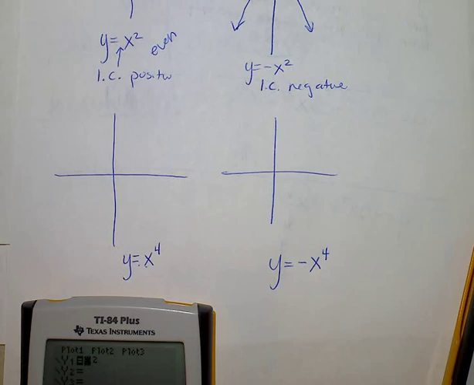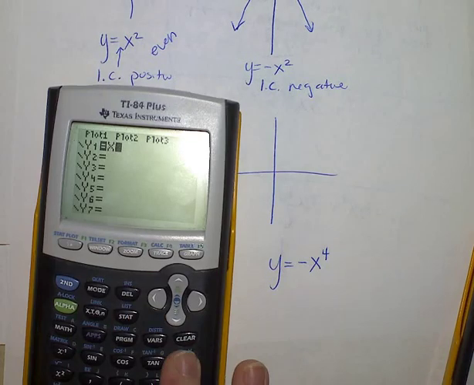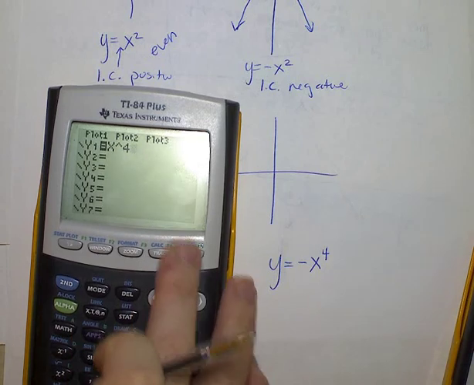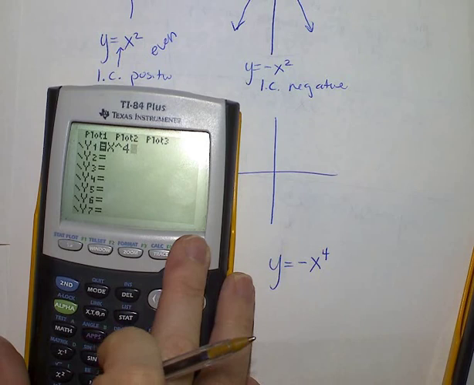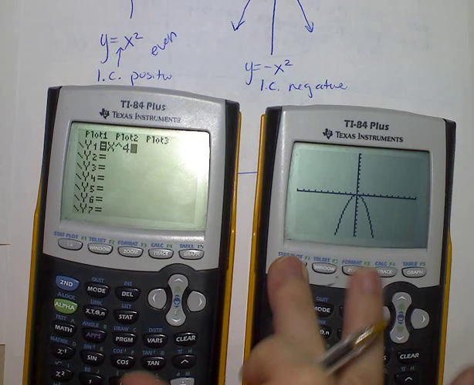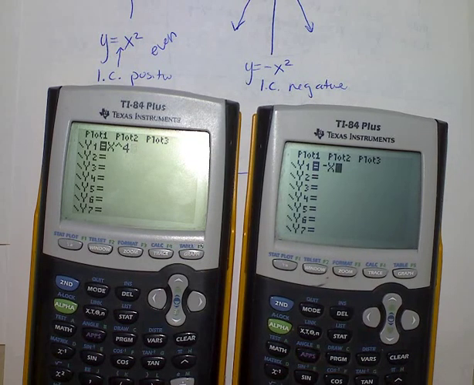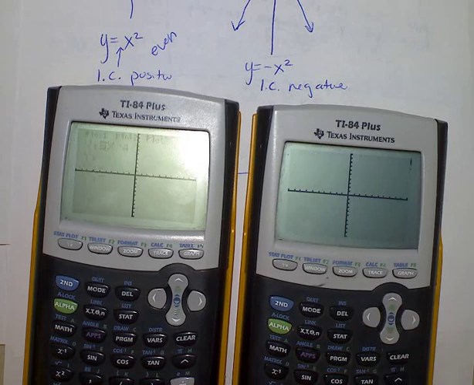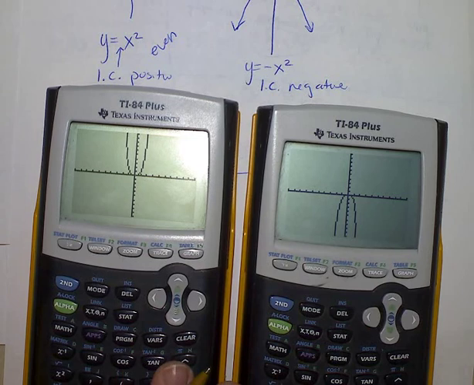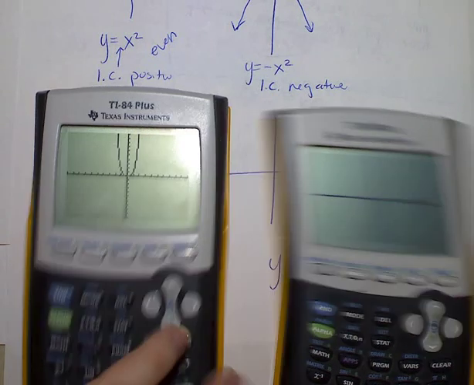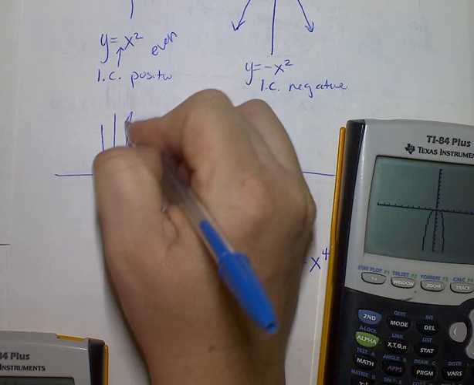If you're wondering how to plug this in, you're going to plug in x, hit the caret key, which is above the division sign, and a 4. Is there any major difference in these graphs? There's no major differences, okay?